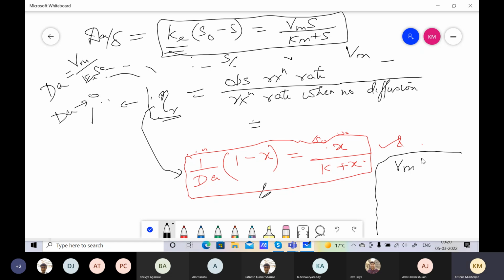The observed rate of reaction is Vm S upon Km plus S, and the reaction rate with no diffusion would be Vm S naught upon Km plus S naught. That is what we talked about just now. So can you see what happens? S by S naught. Now tell me, what is it in terms of X and kappa?